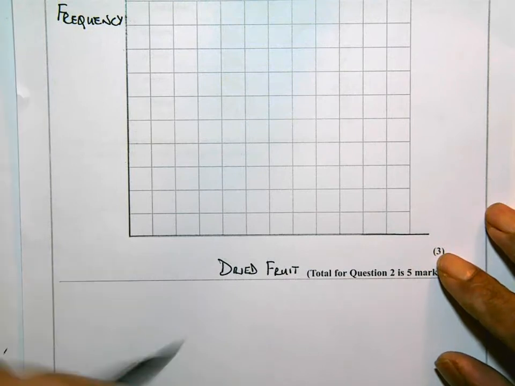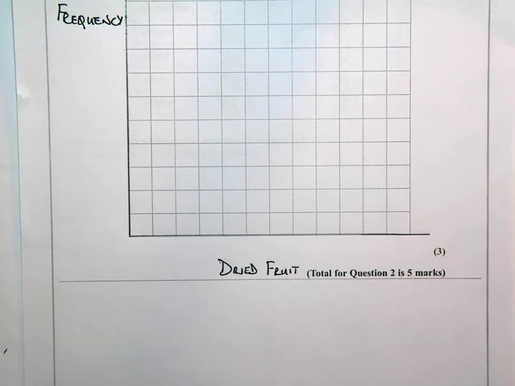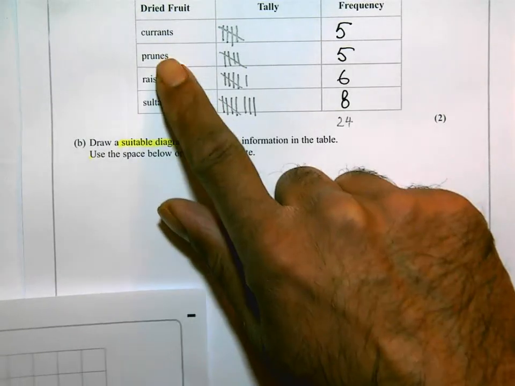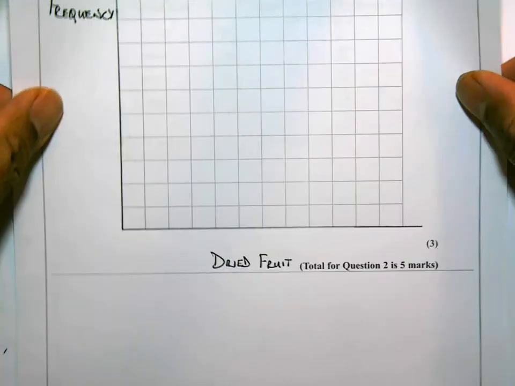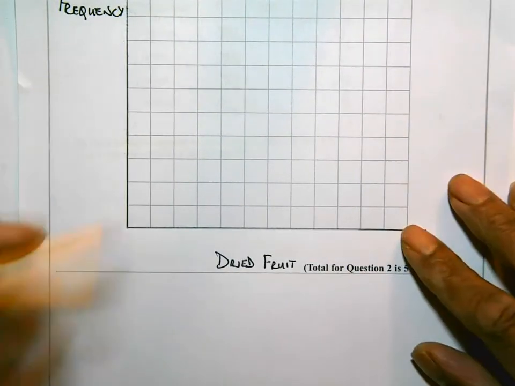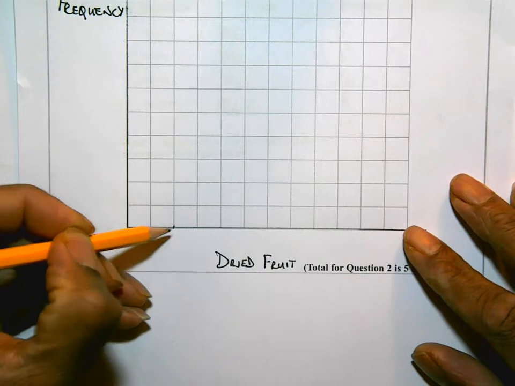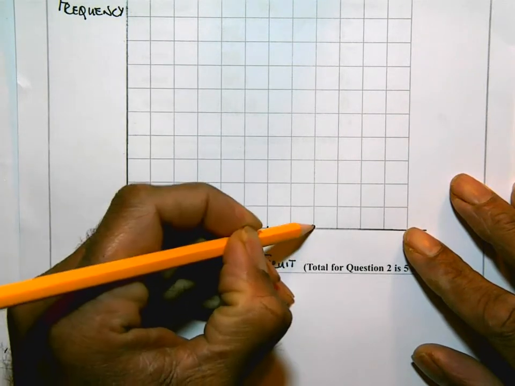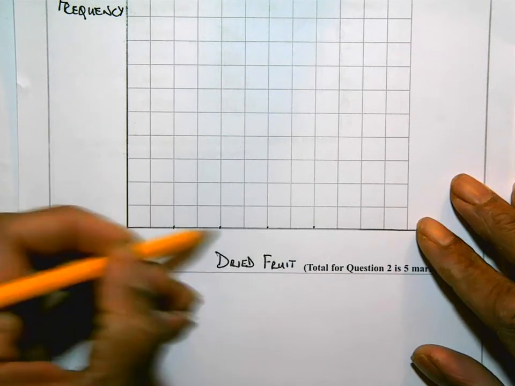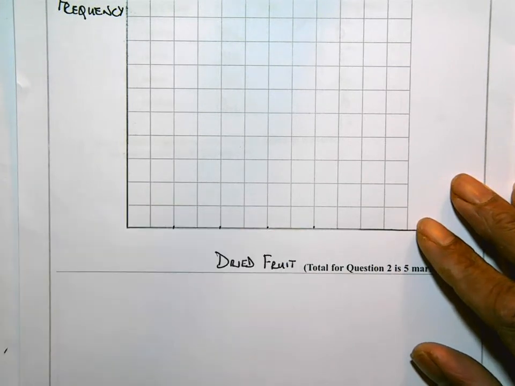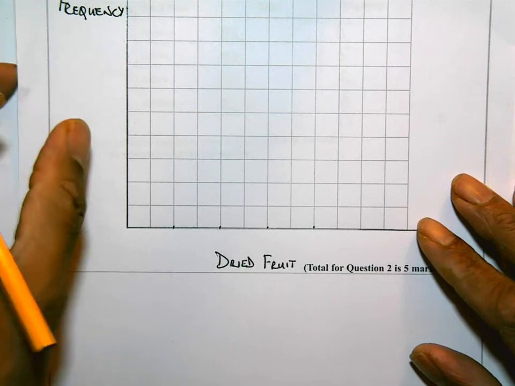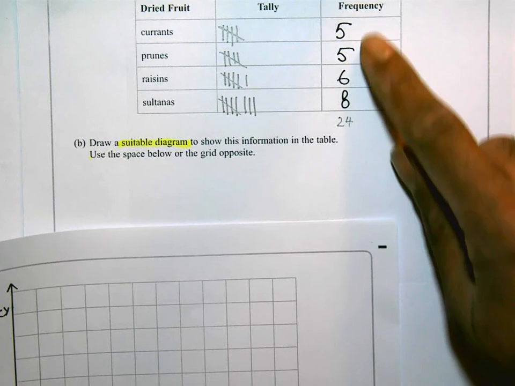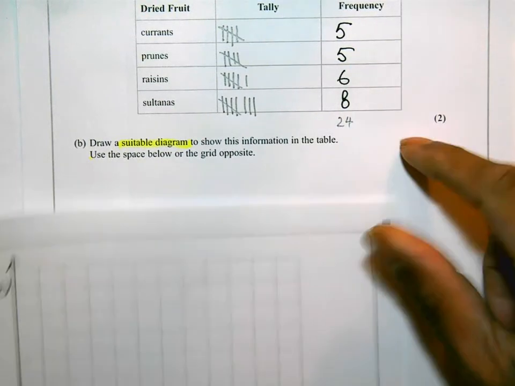Now, there are how many different fruits? There's 1, 2, 3, 4 different fruits. So if I go back to my scale here, 4 different fruits, I'm going to just use 2 squares to be the width of each of the bars. 1, 2, 3, 4. That's fine. And then I need to decide what numbers I put on the frequency column. Looking at these, the frequencies go up to the number 8, so on my frequency column, I need to make sure they go up to 8.